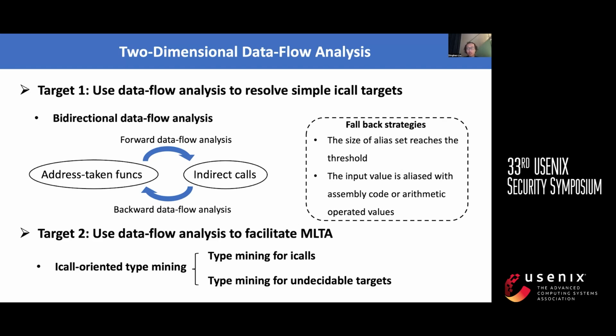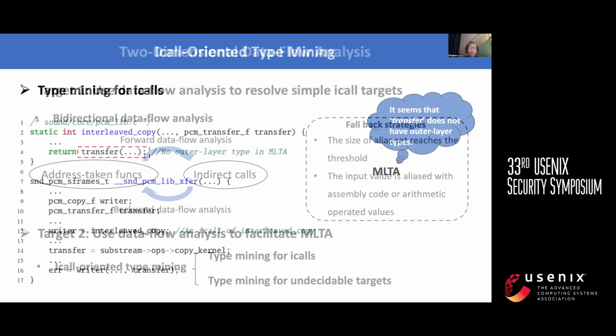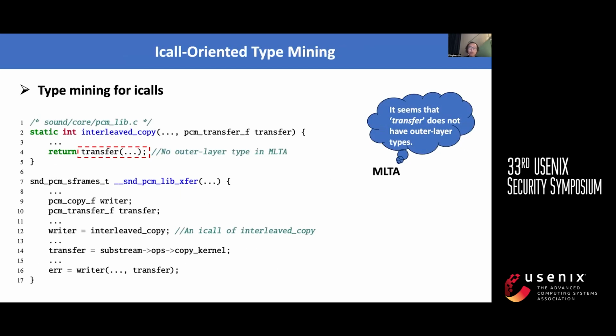Another target is to collect more layered type information to improve the performance of multi-layer type analysis. And we call it escape-oriented type mining in our paper. For example, in the perspective of MLTA, the Indirect-Call at line 4 does not have any layered types.